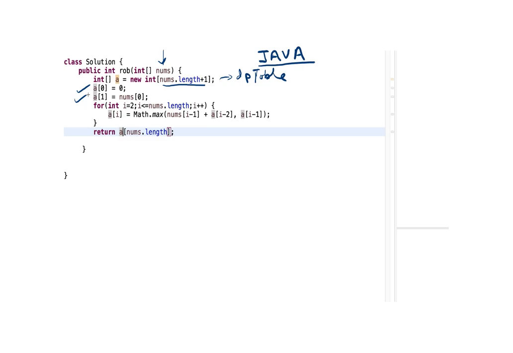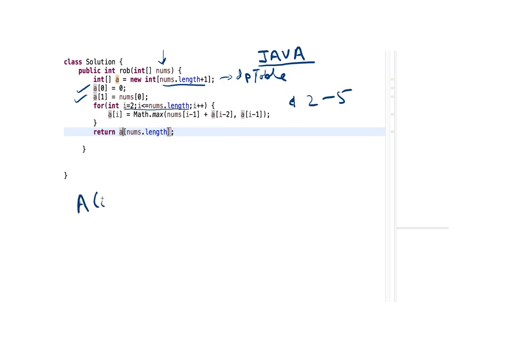Now moving on to the remaining houses, which are houses 2 to 5, we initialize this variable I with 2 and run it till nums dot length. And let me write down the formula which we derived for finding a solution to our sub problem.